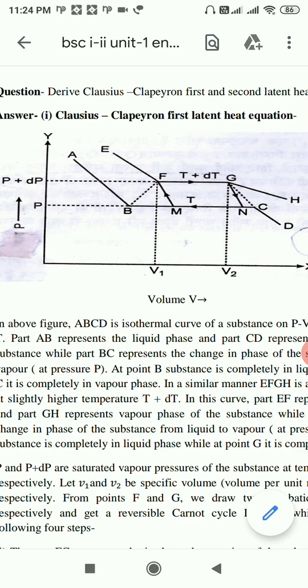In curve ABCD, AB represents liquid state while CD represents gaseous state, and this horizontal portion BC represents the change of state from liquid to gas. At point B, the substance is in liquid state, and at point C, it is in gaseous state.